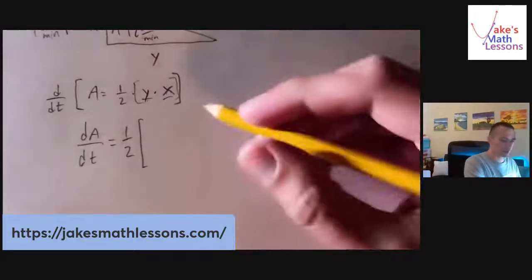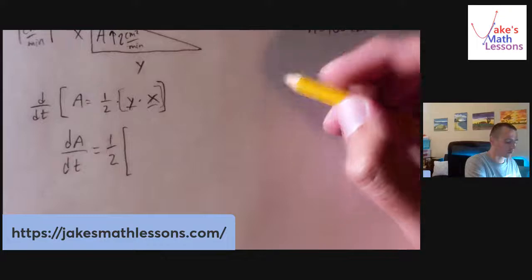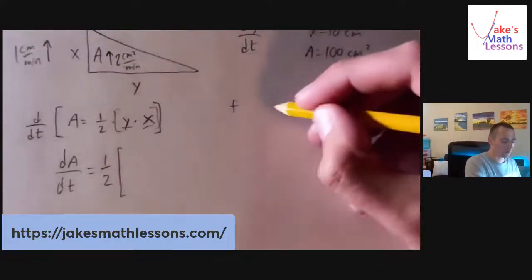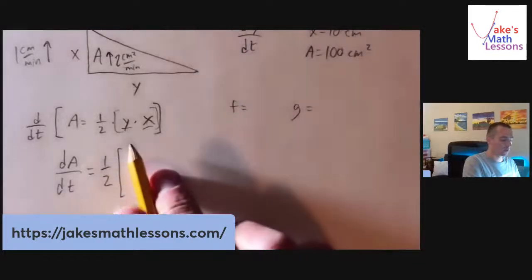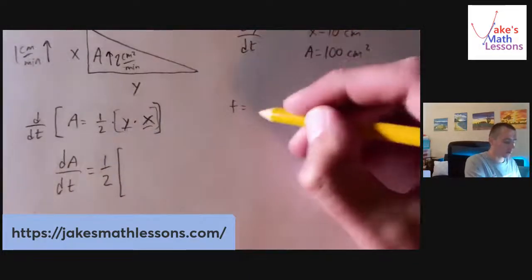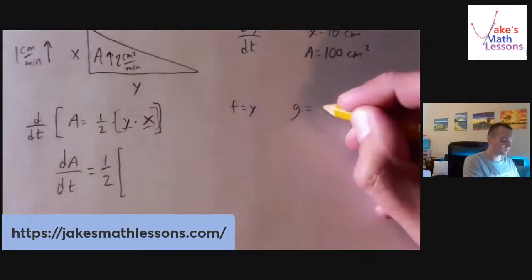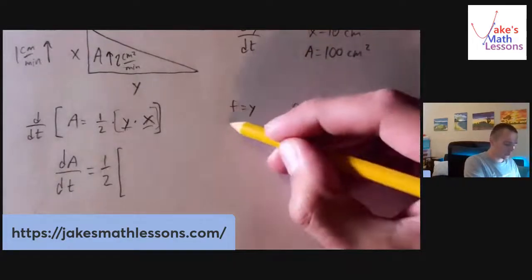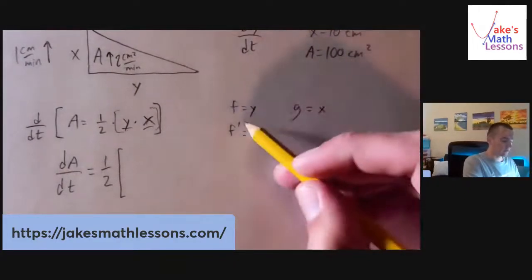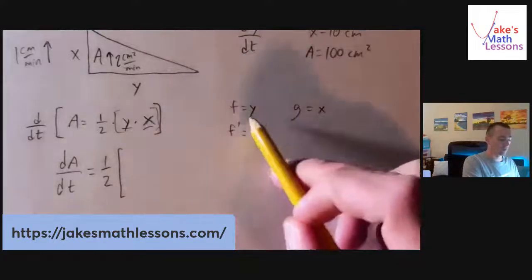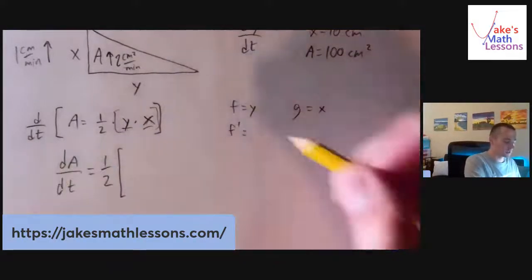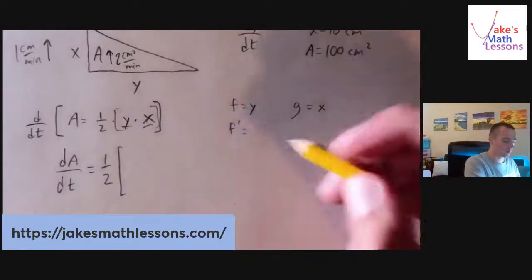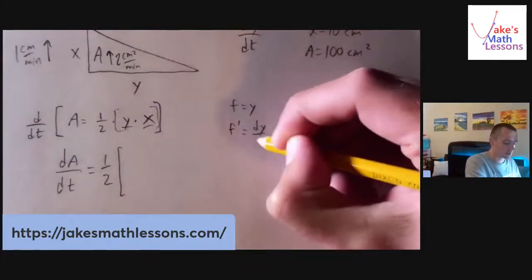To do that, I'll do a side problem of product rule over here. Again, we want to figure out an f and a g, and it doesn't matter which one we call which. So we can call f our y and g our x. Then we need to find the derivative of each of these. The derivative of f, the derivative of y, with respect to t is, just like with our a over here, dy dt.